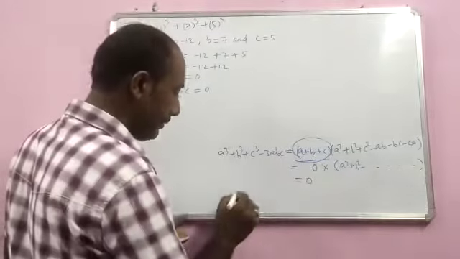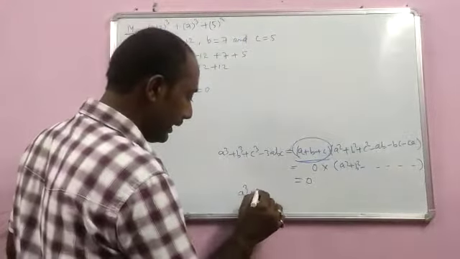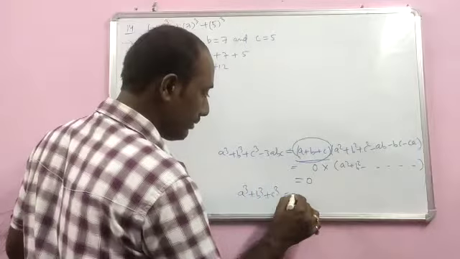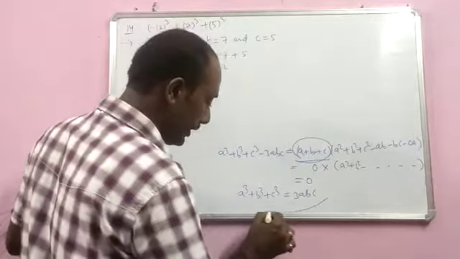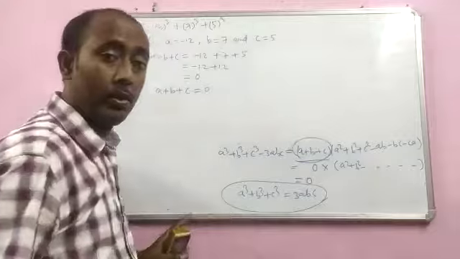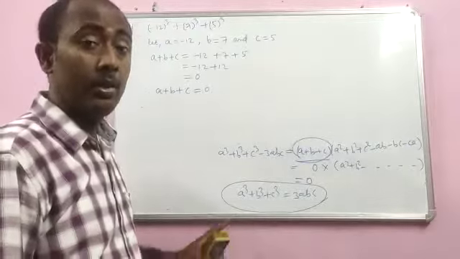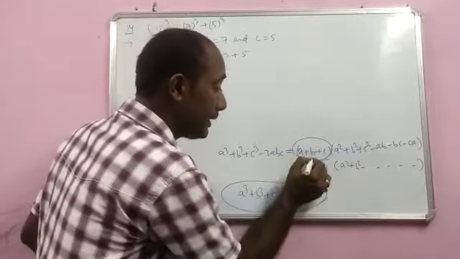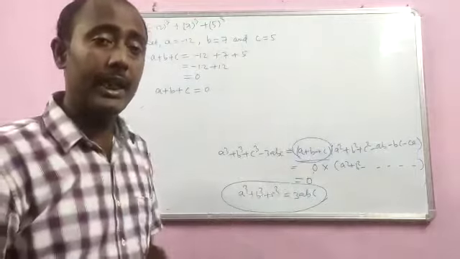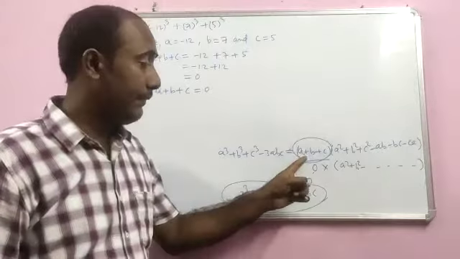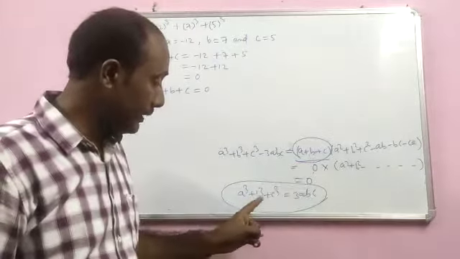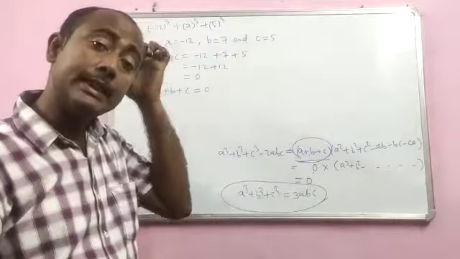So minus 3ABC will go that side, and this will become A cube plus B cube plus C cube is equal to 3ABC. So this is an identity which we get once A plus B plus C is 0. The condition is that if A plus B plus C is 0, then A cube plus B cube plus C cube becomes equal to 3ABC.